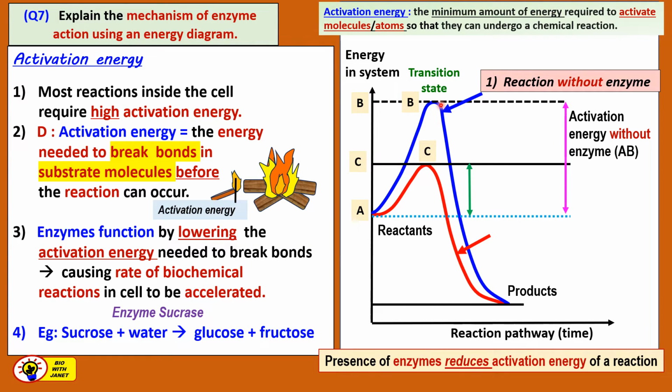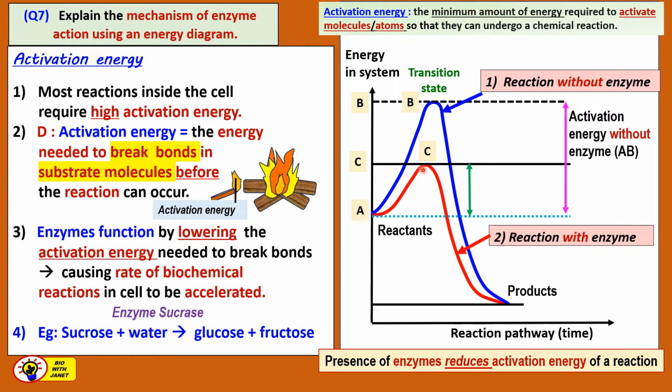Then only after the transition state, the reaction will occur and then the products are formed, okay, when the transition stage is reached. Whereas if the reaction uses an enzyme, or if an enzyme is present, then the graph is lower, okay, the red graph, which is the lower graph.